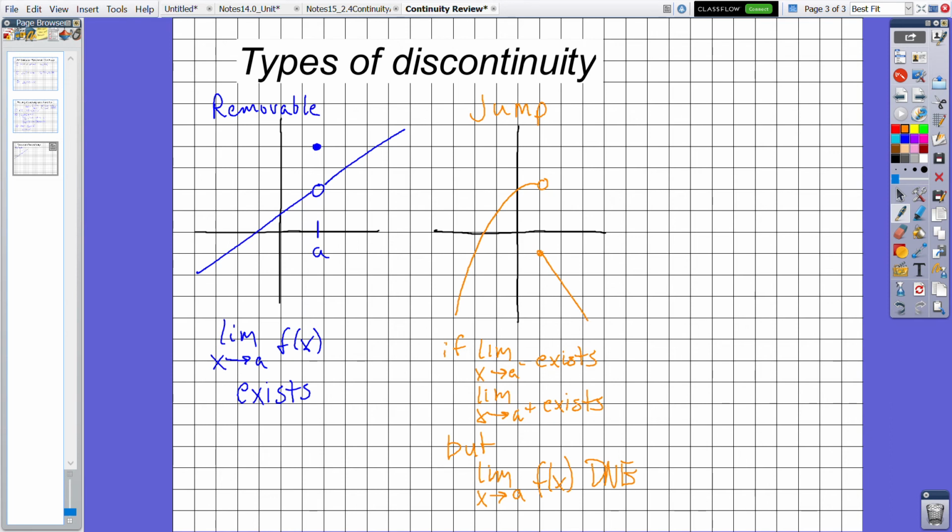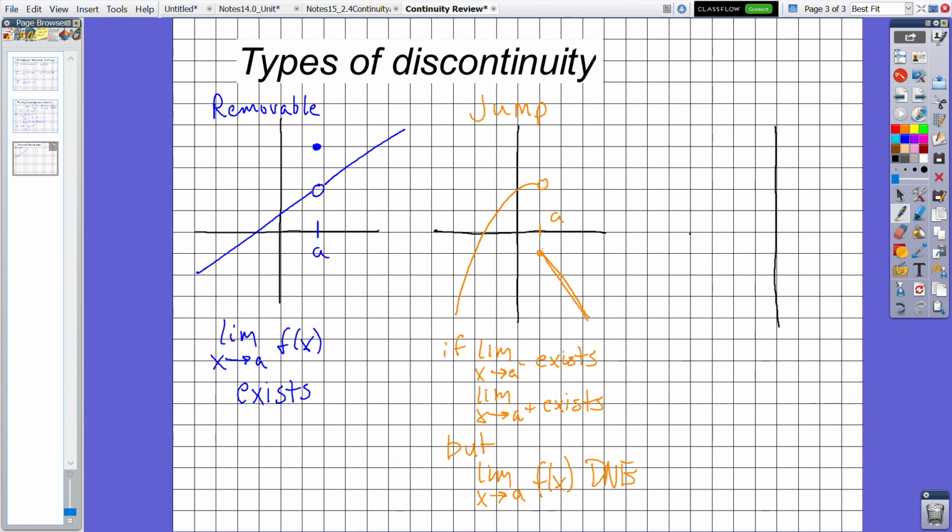Okay, so if this is my value a right here, coming from the left, as we get closer and closer to that a value, we know that this limit exists. Same thing if we come from the right and kind of follow this along here, that limit exists, but they're not the same value.